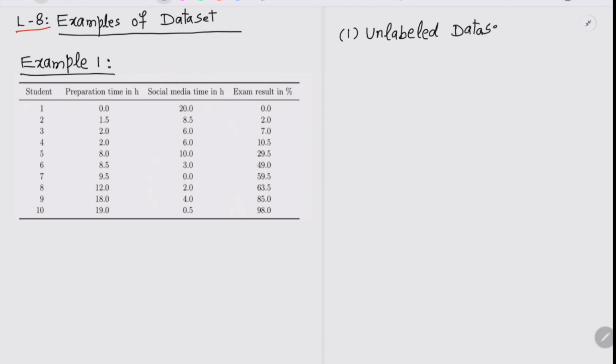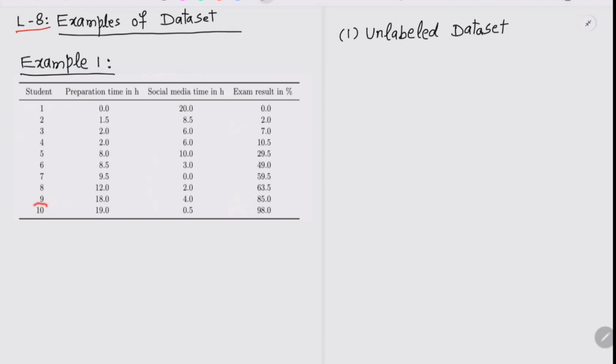How can we write that? First, we need to understand that these students are not part of the data set, since student number one or student number two does not give you any concrete information about the data.